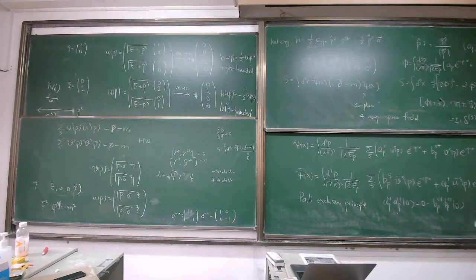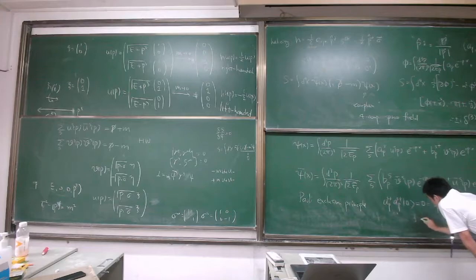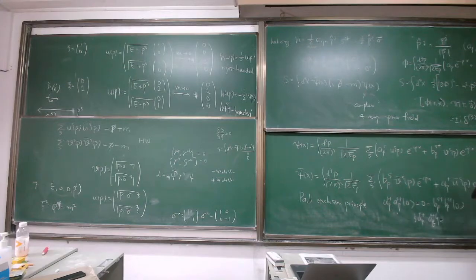So this can only be achieved if you impose something like an anticommutation relation for a_p^s and a_q^t, equal to something like delta(p minus q) and delta_st, times 2 pi cubed, something like this.